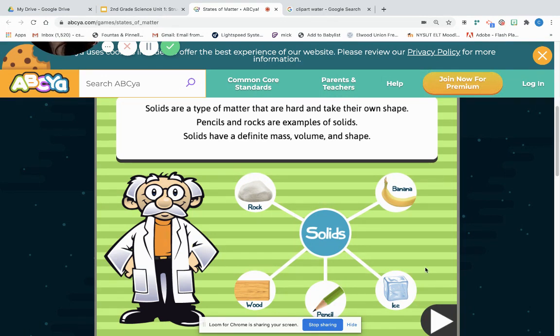Can you think of more examples of solids? We see some examples here. See if you can name 3 more. Go ahead. I'll give you about 30 seconds to see how many you can name. Count them across your fingers.